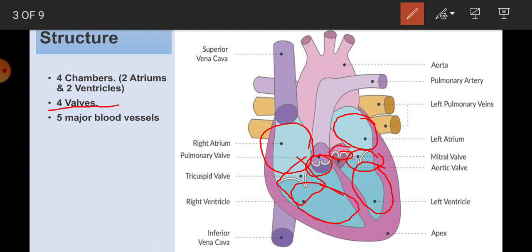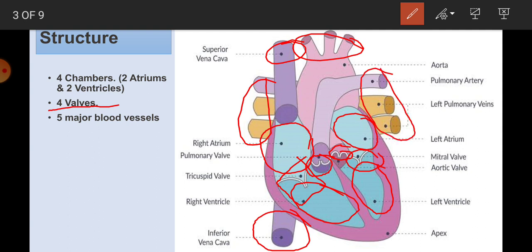And the entry and exit pathways, these are blood vessels, including some arteries and some veins.